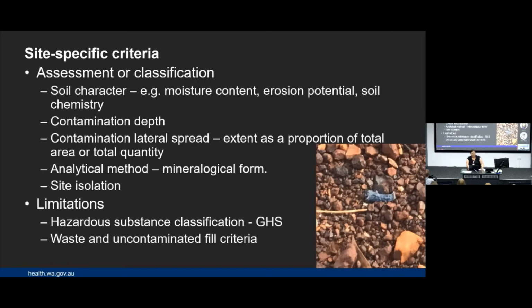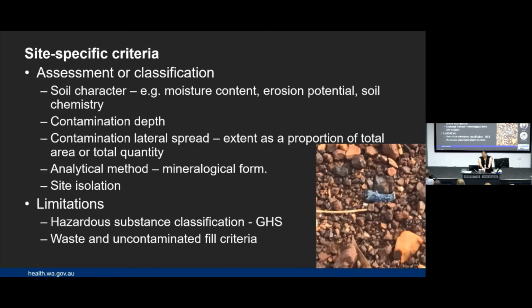We have kept in the update the ability for you to develop site-specific criteria. When we did the workshop for the consultation draft, I think there was a lot of confusion around how we had originally written this into the consultation draft, around the adjustment factors that you could have.